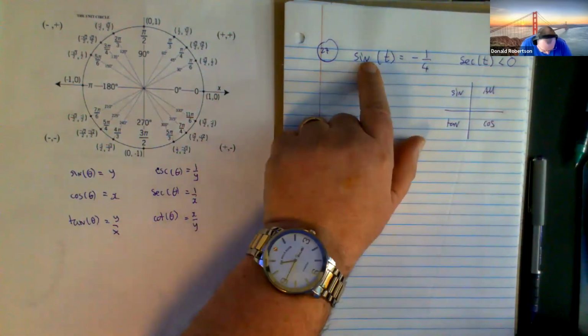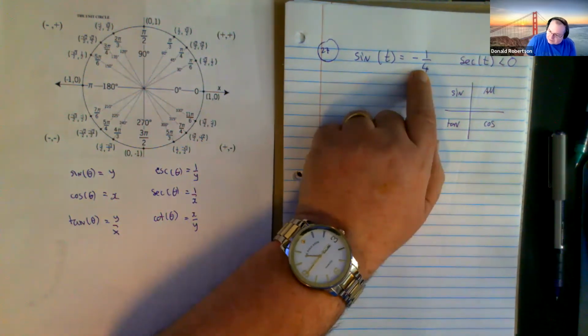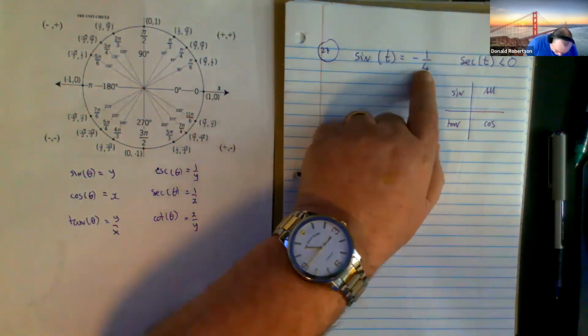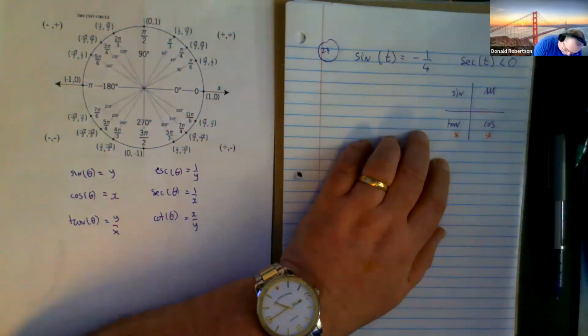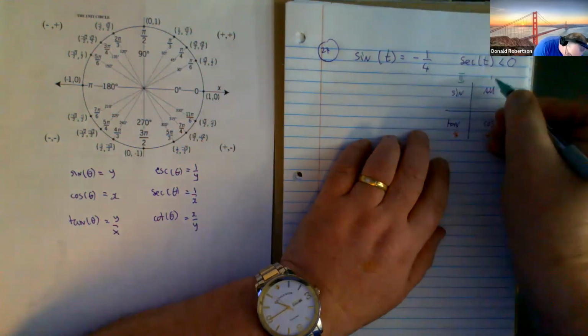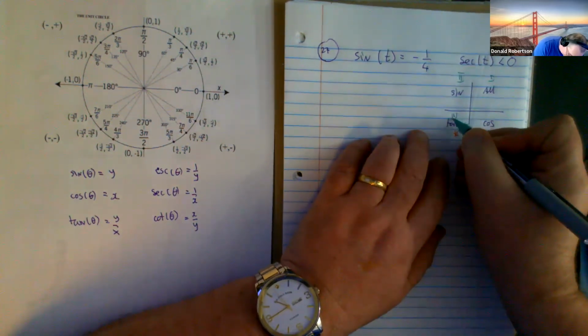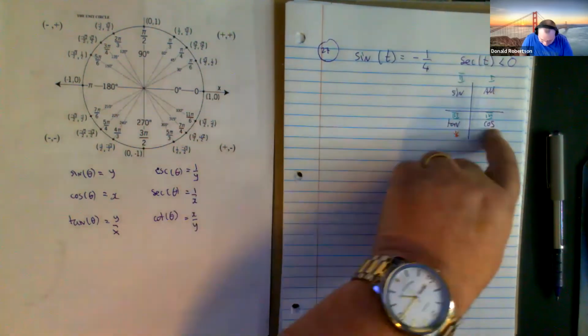If I tell you that the sine of t is -1/4, does it not make it, it has to be in one of these 2 quadrants here? Would you agree? The only places where the sine is negative is in these 2 quadrants.